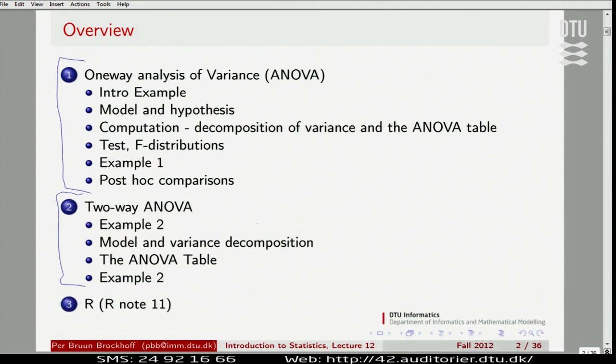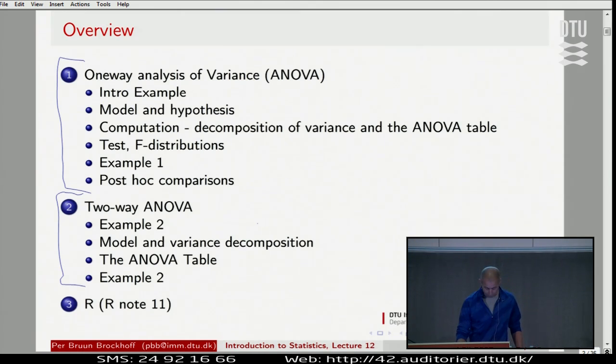This is just a few steps in a direction where you can take more steps. We will spend 1.5 lecture time on the one-way and then about 20 minutes on the two-way, just to give you the idea of it.